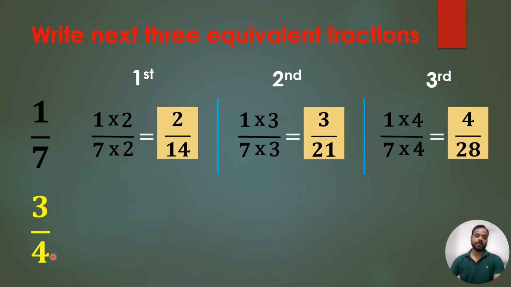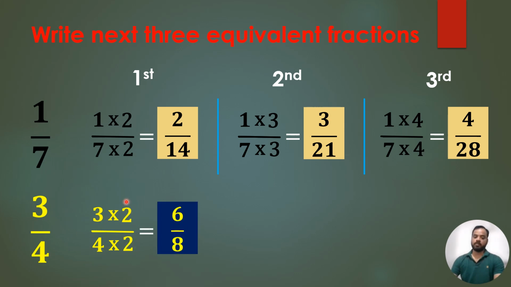Now another example. We will calculate the next 3 equivalent fractions for 3 by 4. So here we multiply the numerator and denominator, 3 with 2, and 4 with the same number 2. So we get 6 by 8.